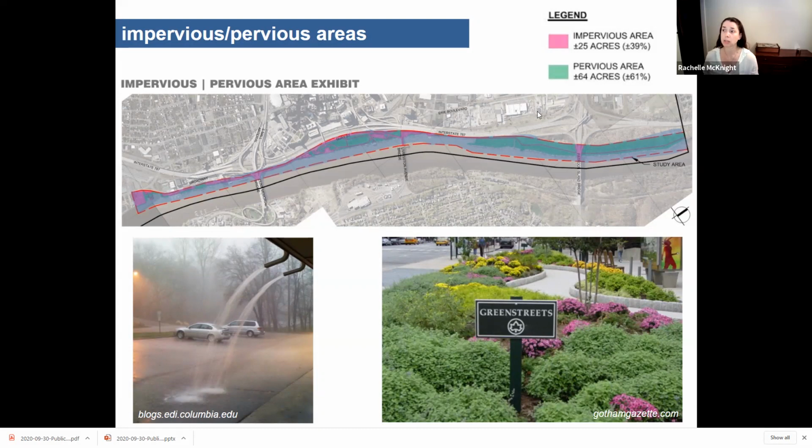If you can imagine, if this entire corridor was all just landscape and green and woods, you would have much less of a risk of upstream flooding, because that water would hit the corridor, it would absorb into the ground. But of course, because it's all developed, it's a very urban landscape, you're still going to have flooding from these impervious areas around the project area. That's why it's important to always be thinking outside of the project envelope.